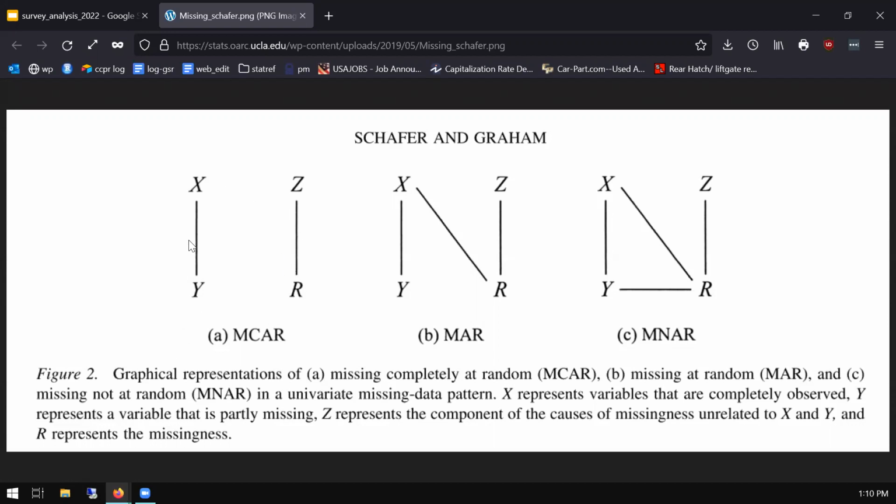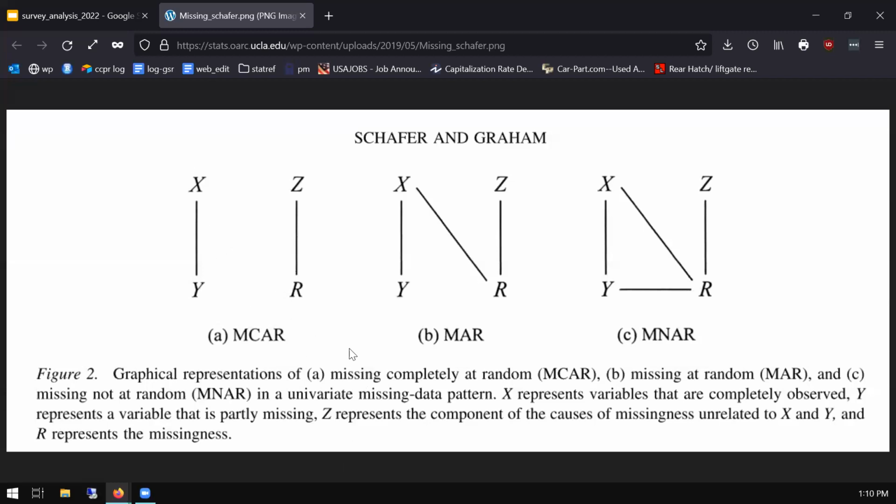In the easiest situation, missing completely at random, let's say your health outcome you're interested in is Y. You have 50 people you selected in your sample, 20 people responded, 30 people didn't. This R variable is 1 or 0: 1 if you're one of the 20 people that responded, 0 if you're one of the 30 people that didn't respond.